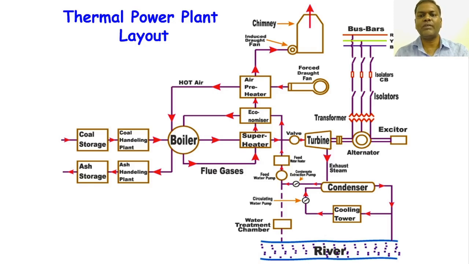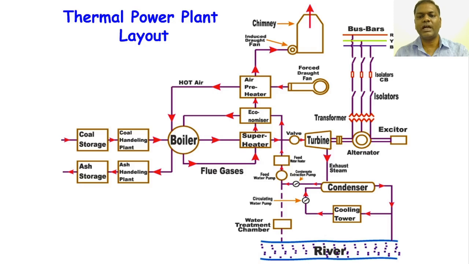The forced draft fan collects the air from the atmosphere, at a temperature of around 25 to 30 degrees centigrade. The flue gas heats that air and gives hot air to the boiler. These are the three operations of the superheater, economizer and air preheater, which increase the efficiency of the boiler.